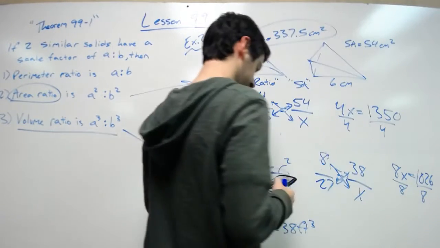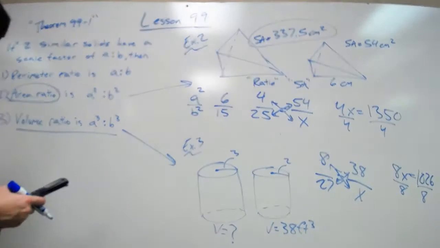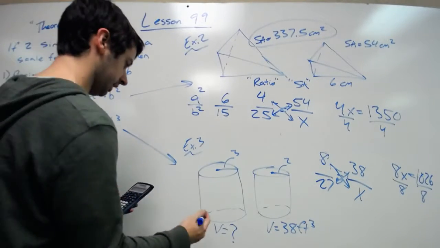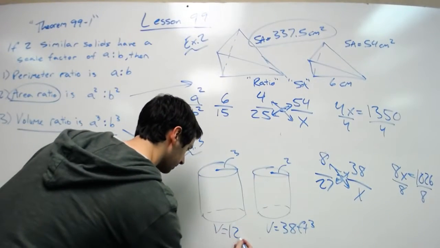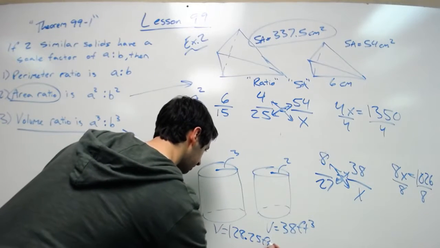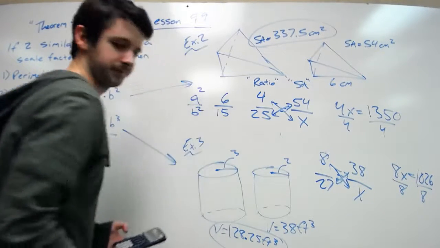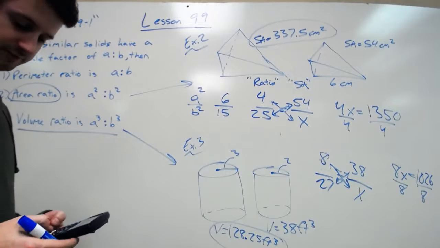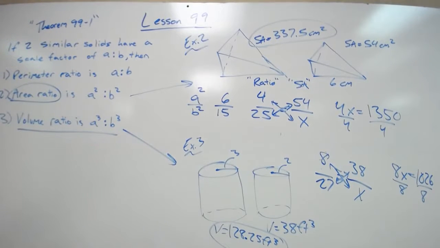Divide by 8. And you get 128.25 feet cubed. And that is how you do volume ratios with similar solids.